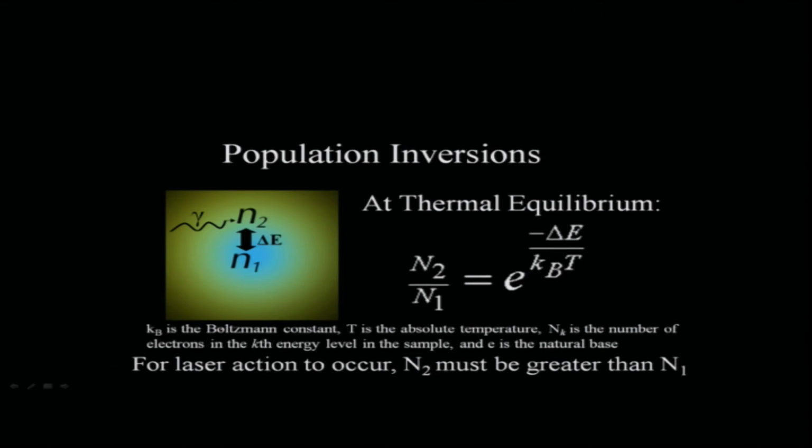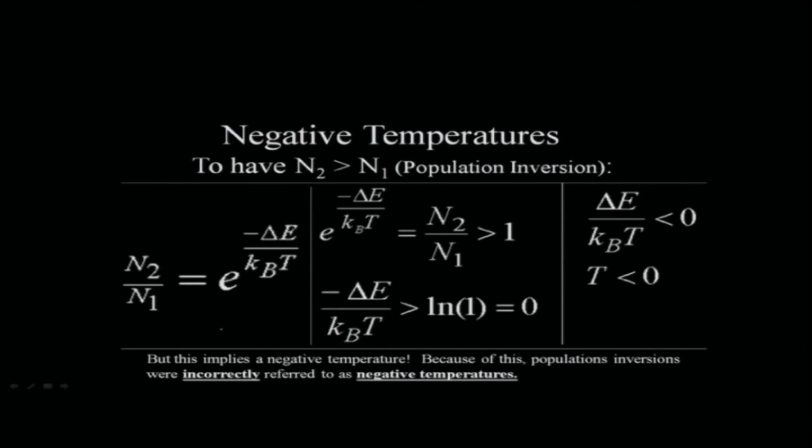So, for the laser action to occur, N2 must be greater than N1. That is the population inversion condition, which is not quite possible for a 2-level system in thermal equilibrium at room temperatures.